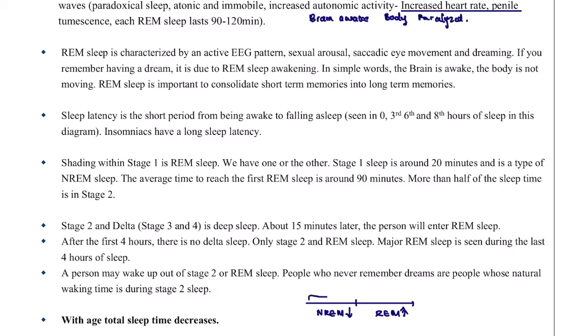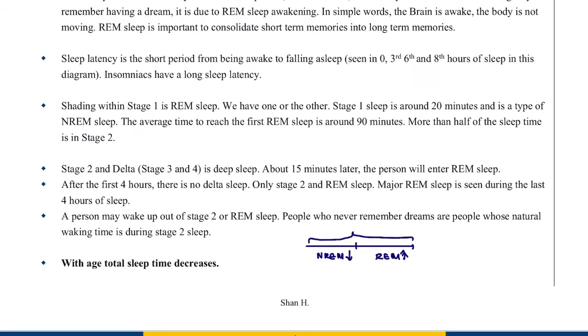If this was one entire cycle of sleep, in the early stage, the non-REM stage is more prominent. But as we go into the night or into a longer time period, REM sleep becomes more prominent. And with age, the total sleep time decreases.